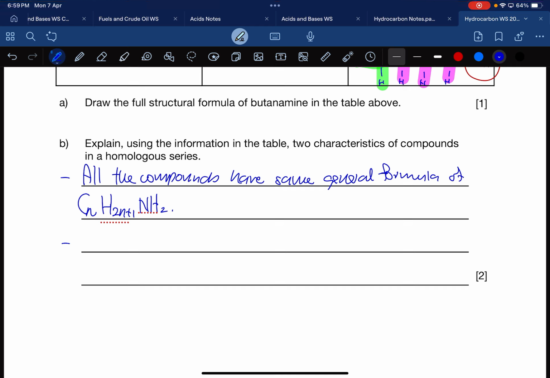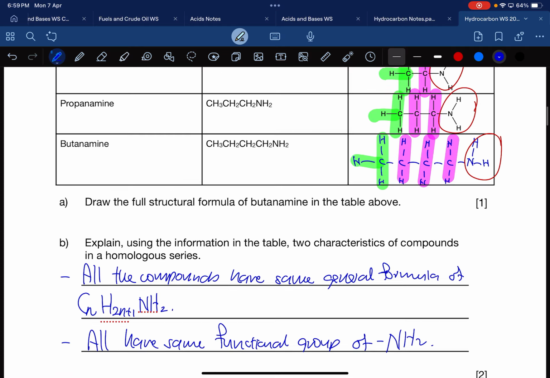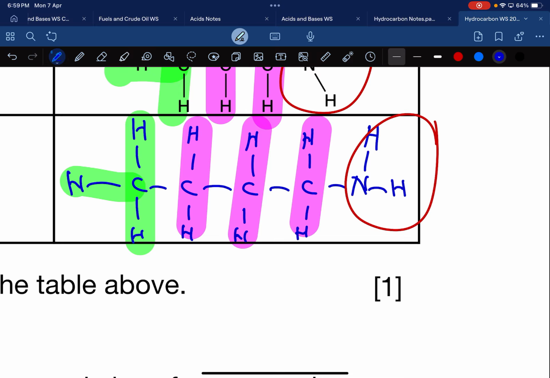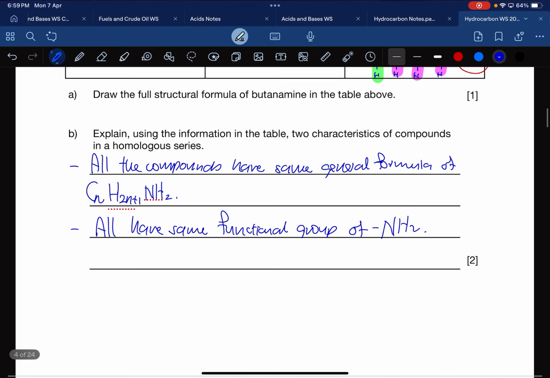Okay, Jairus, give me another characteristic. They have the same functional group. All have the same functional group of NH2. Okay, be careful, guys. Don't just say this. You must have the line, because it's a bond. It's a group that you are bonding to the carbon. Am I bonded on both sides? I'm only bonded on one side, the nitrogen. Okay, Kalista, can you give me another one?